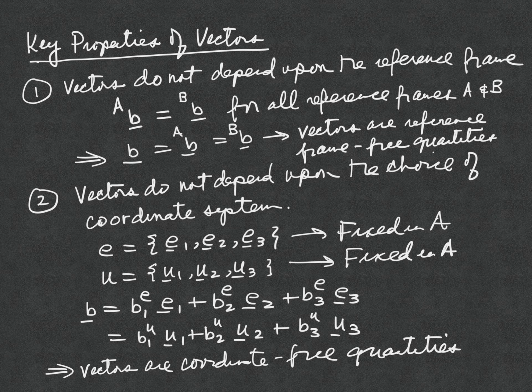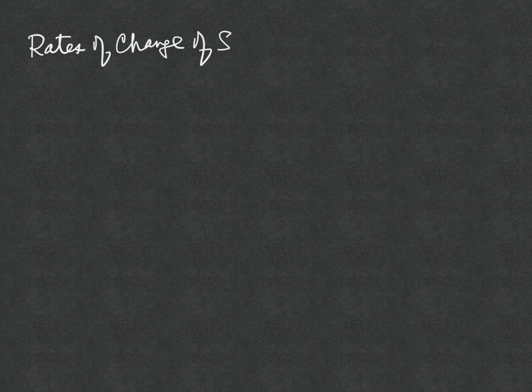Now, once we have all this, we need to describe how vectors change with time. And this is the next important concept. So we need to deal now with rates of change. Rates of change fall into two categories: we have scalars and vectors.